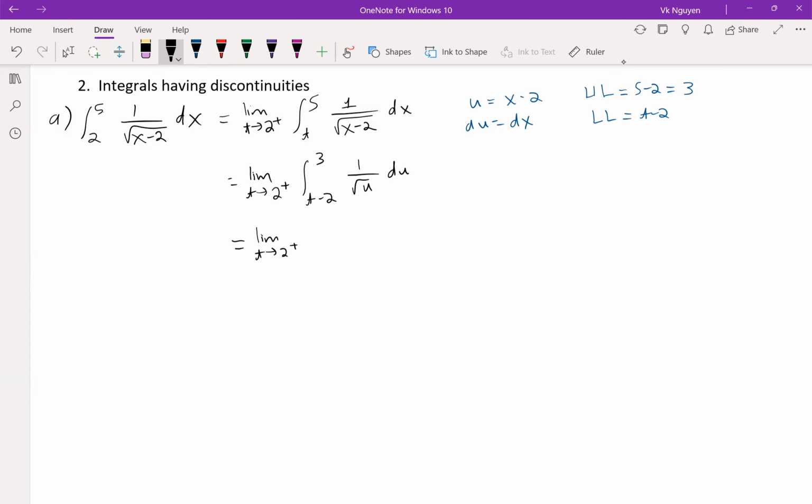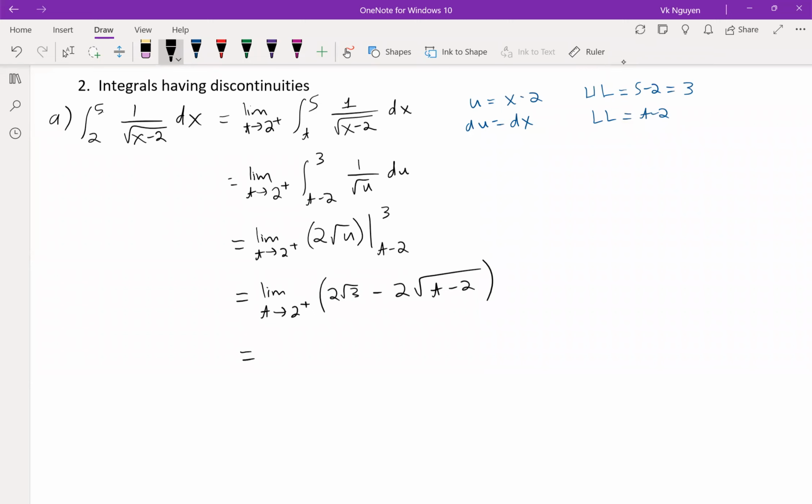The antiderivative of 1 over square root u is 2 root u. Evaluate this from t minus 2 to 3. Now we have the limit as t goes to 2 on the right side of 2 root 3 minus 2 root of t minus 2.